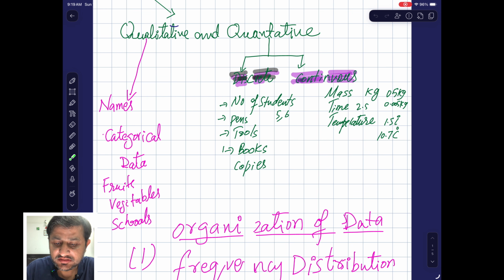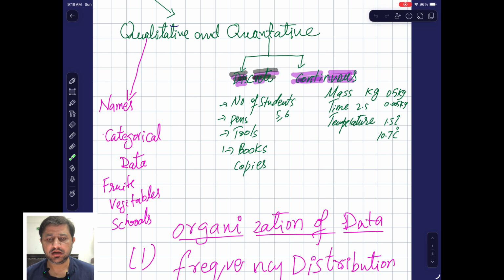Then we have quantitative data. Quantity is of two types, discrete and continuous. Number of students, for example, pens, tools, books, copies. These are examples of discrete data. These are those quantities which can be counted.